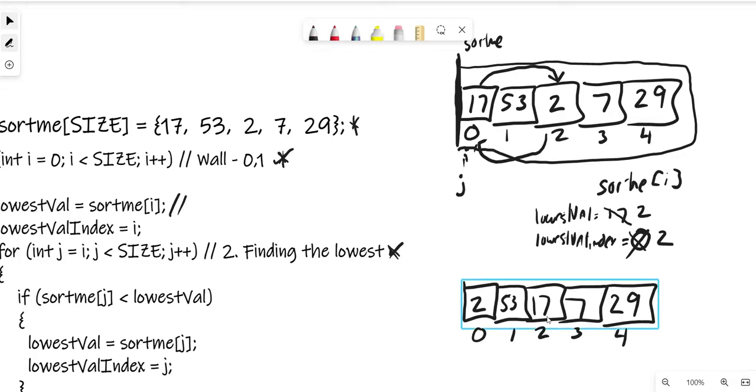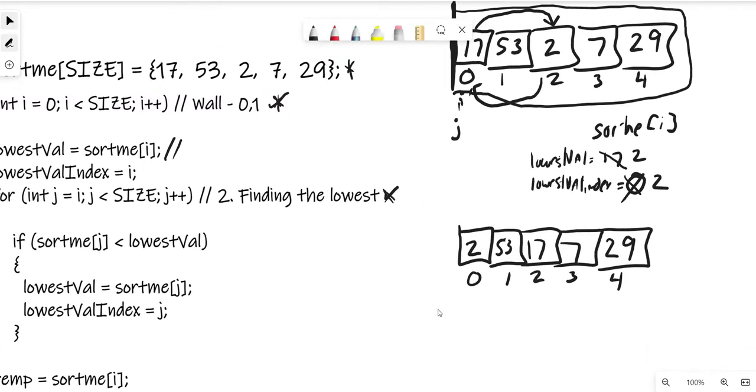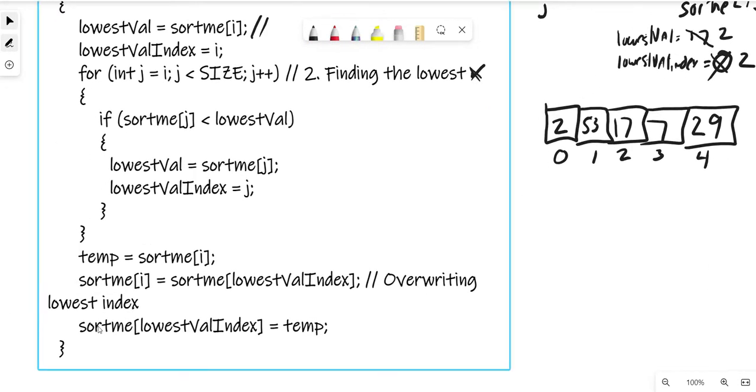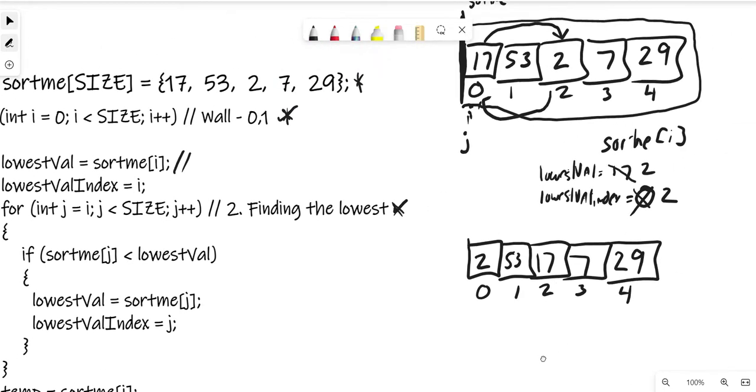Okay, and once we did that swap, what happens? Well, remember, we're down here now, right? Now we got to come back up, and i now increments by 1. So that means that the wall is going to move up here. i is now here, and j is going to be over here.